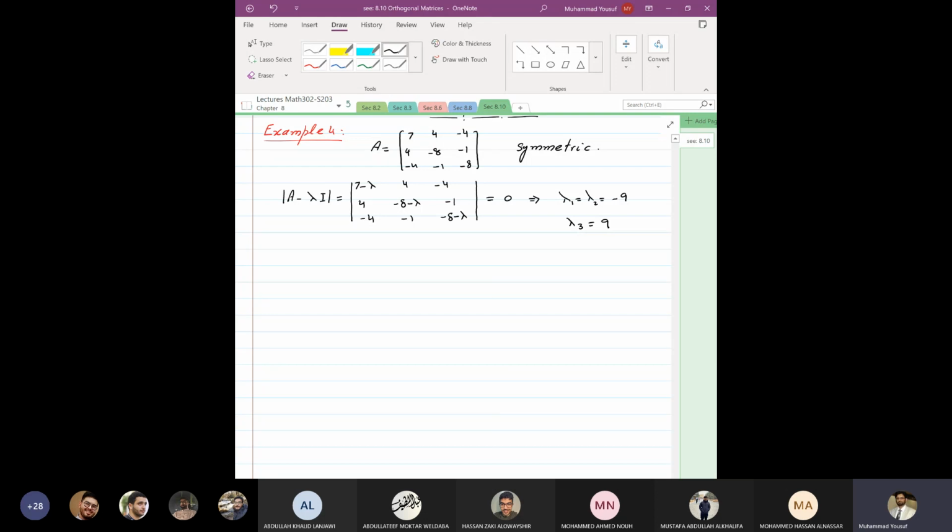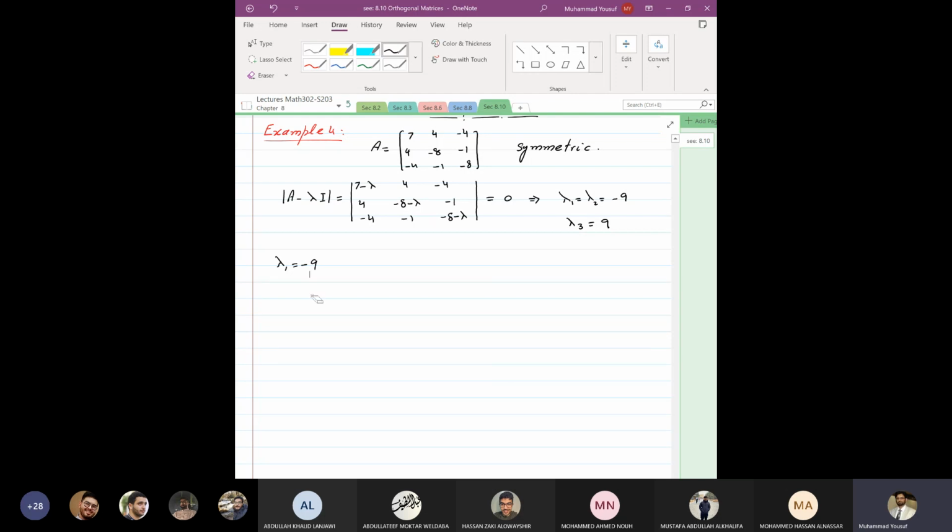Lambda 1 and lambda 2 are repeated, not distinct. So what will happen when we take lambda equal to negative 9?